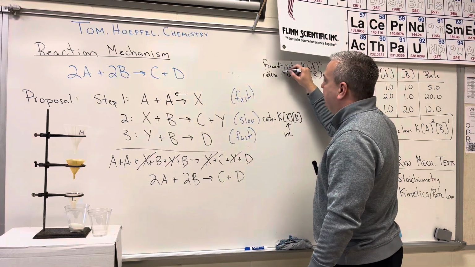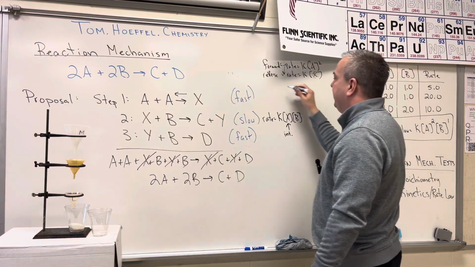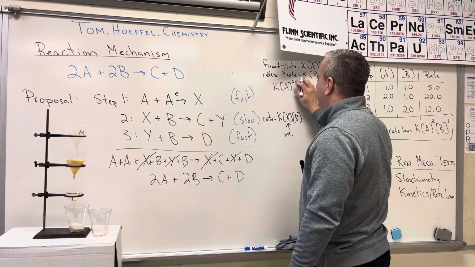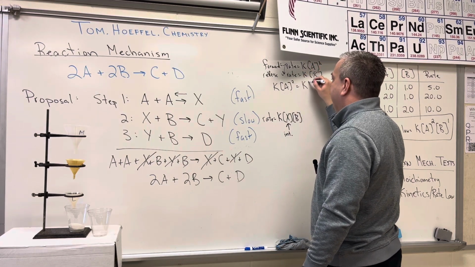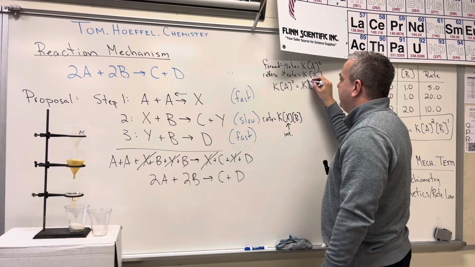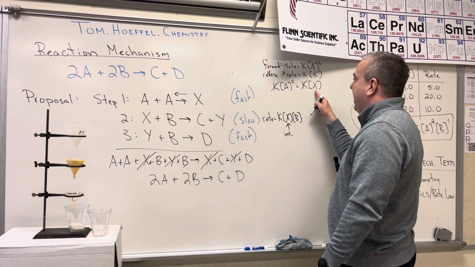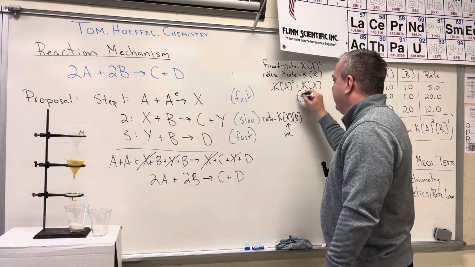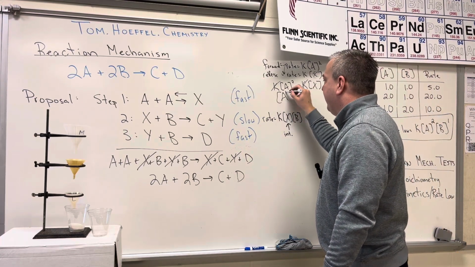And these rates are equal to each other. Well, if they're equal to each other, then K times A squared is going to be equal to K times X. These K's are going to cancel out, and X is equal to A squared. So X is equal to A squared, okay?